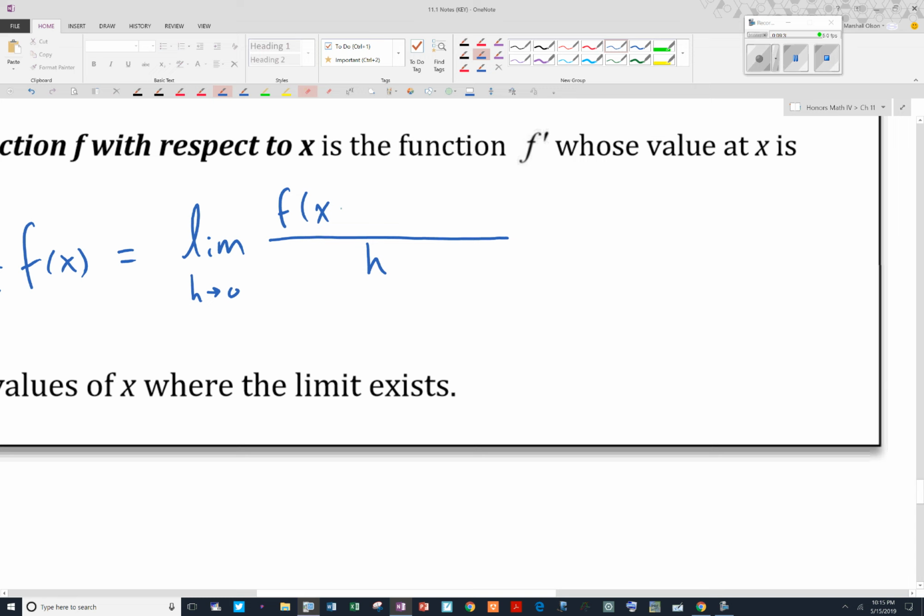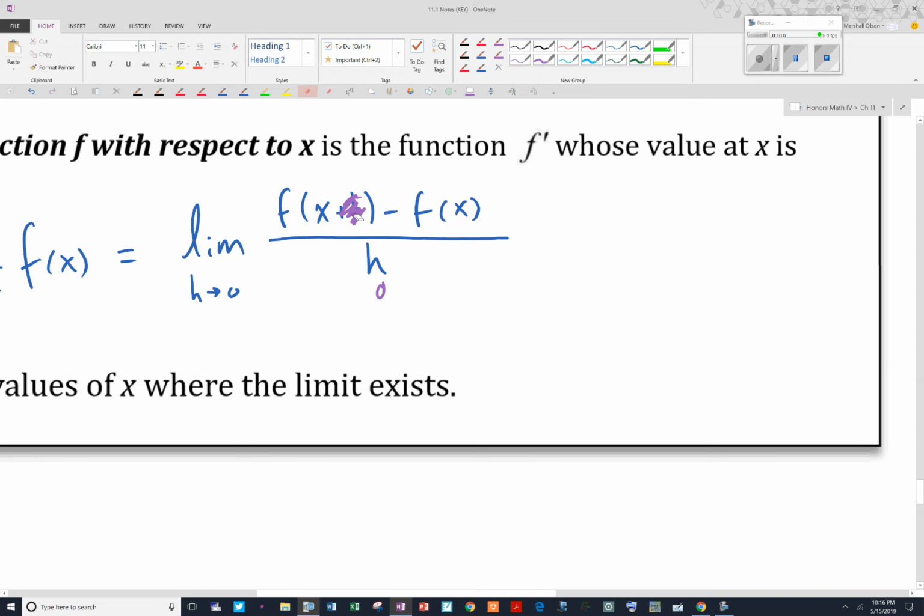We're leaving it as x, but we still want that difference in the x values to be h. So one of my x values is x, the other x value is x plus h. We're looking for h to approach 0, so that would go away, and this would become 0, and we'd be basically taking y minus y, where y's are the same value. X minus x is represented by h, and that becomes 0.